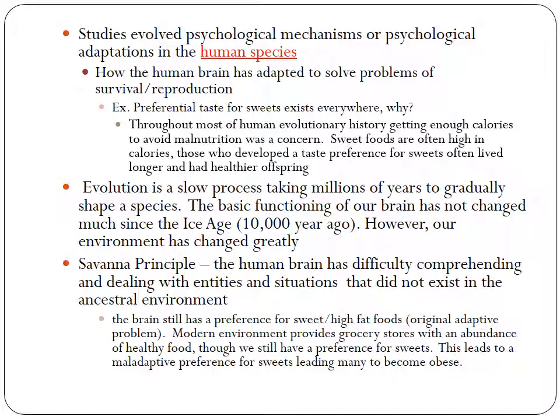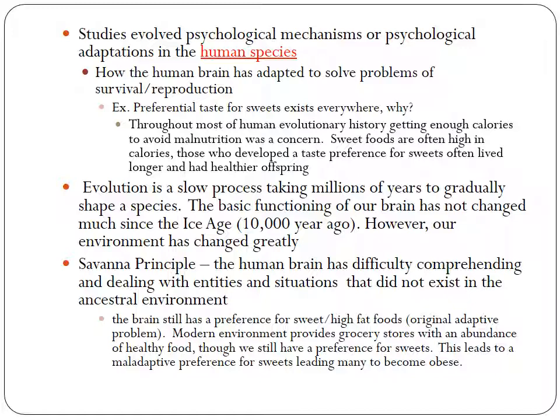But what we have now is something, if you skip down to the Savannah principle: the human brain has difficulty comprehending and dealing with entities and situations that do not exist, or that did not exist, in the ancestral environment. Essentially, there was no supermarket in the ancestral environment. There was no grocery store, there was no 7-Eleven, there was nowhere to go where you could just pop in and grab a candy bar.